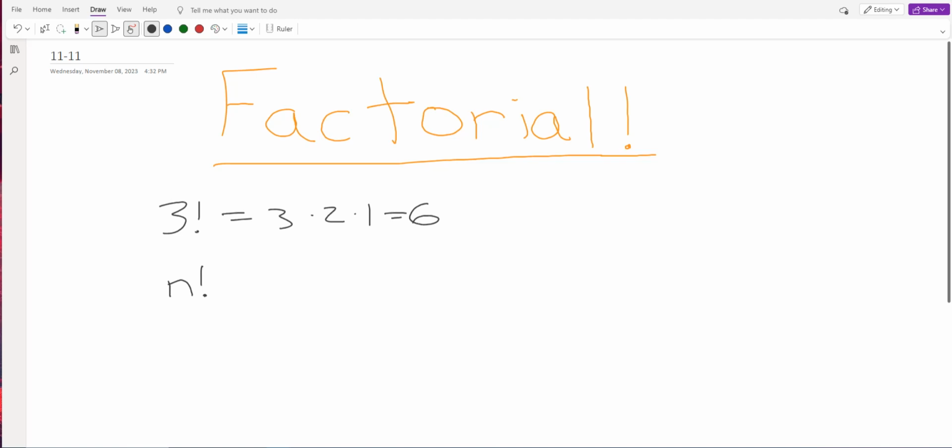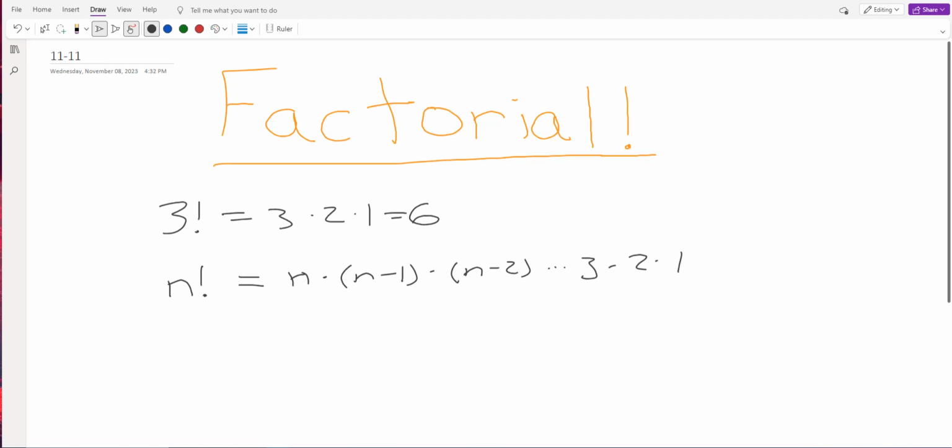And we can define the n factorial to be equal to n times n minus 1 times n minus 2 times, and we keep subtracting down until we get to 3 times 2 times 1.